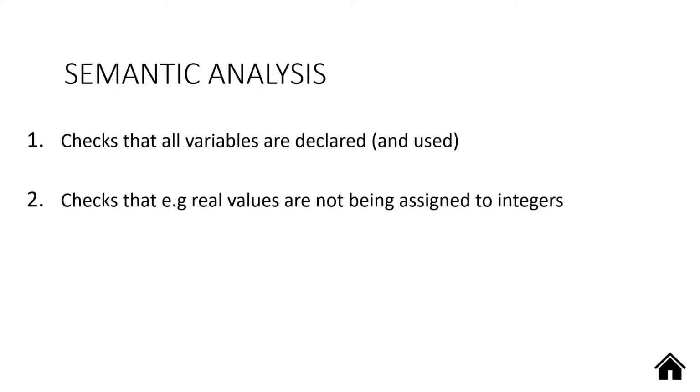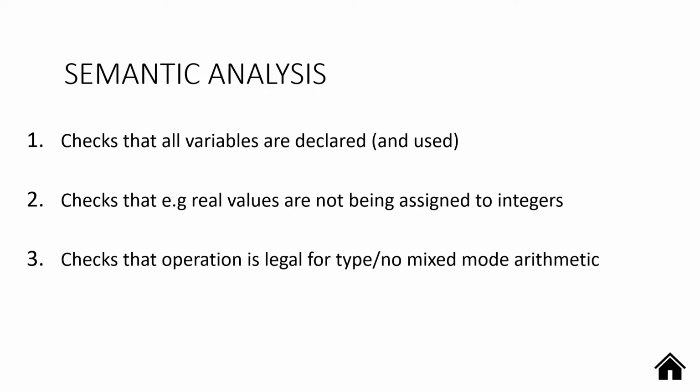But normally, your IDE, your integrated development environment, gets all this for you anyway before you compile, before you click that button. We check the operation is legal. Believe it or not, I still see this all the time. People will go, what is that?